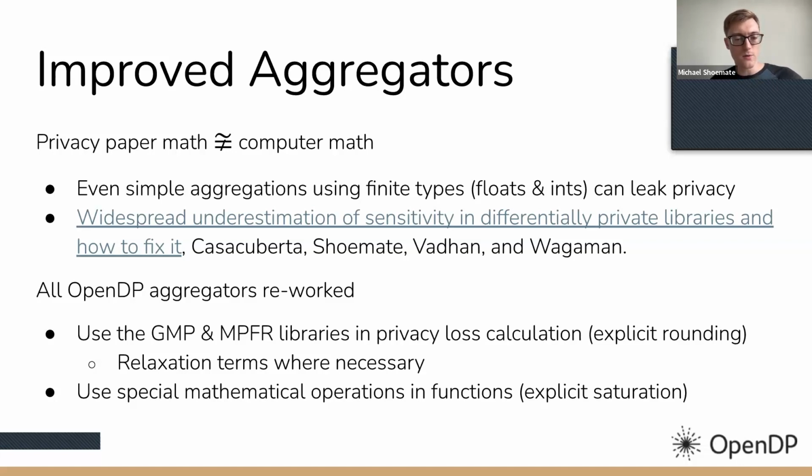So we use a library that controls rounding, GMP and MPFR. We add relaxation terms to account for possible increases in sensitivity from the implementation of the function, and we've modified the functions so that the relaxation terms are as small as they can be, or zero. I'm ready for the next slide.